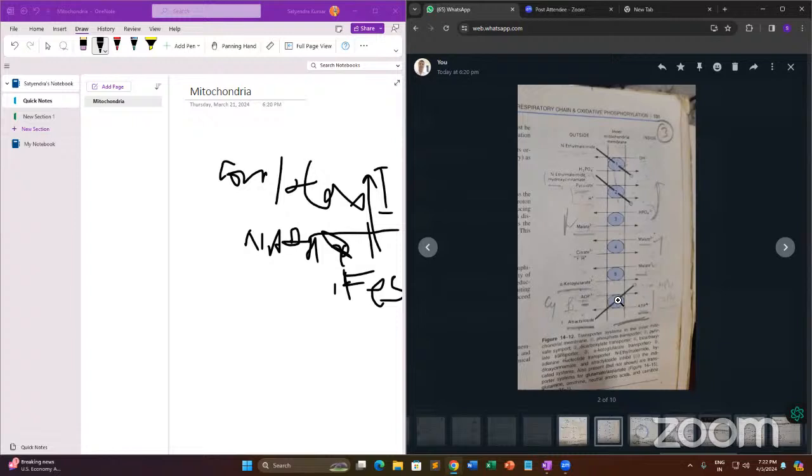The ADP ATP translocase also needs energy. But the energy that is needed for ADP ATP translocation is not coupled with ATP hydrolysis.